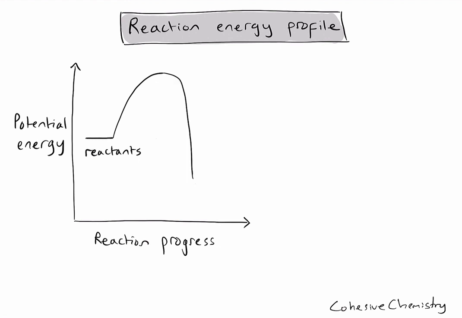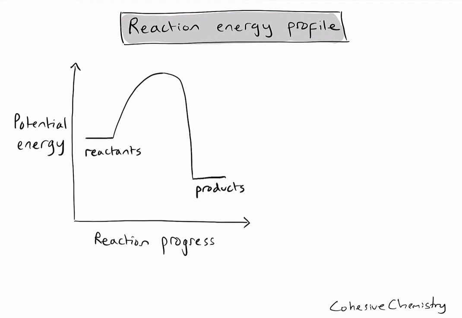Depending on which covalent bonds are forming, this line can drop to different levels. And in this example, the line stops dropping when all of the covalent bonds have been formed and my atoms are now in stable arrangements.